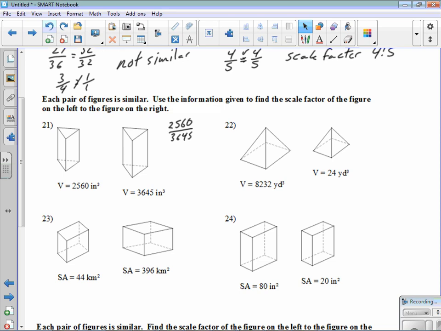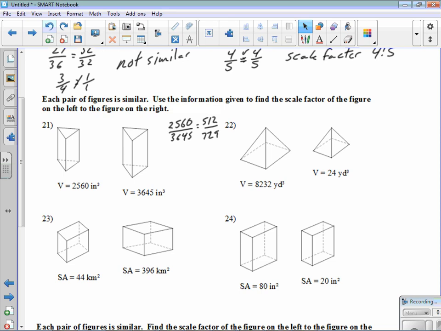So 2560 divided by 5 is going to give us 512. And 3645 divided by 5 will give us 729. All right, so that's the reduced ratio there. But this is the ratio of the volumes.